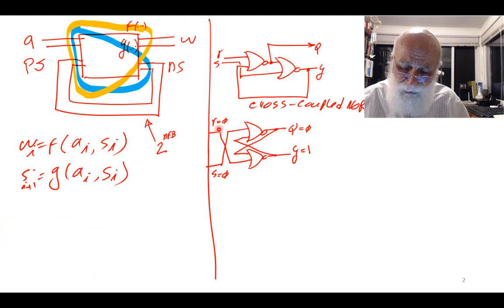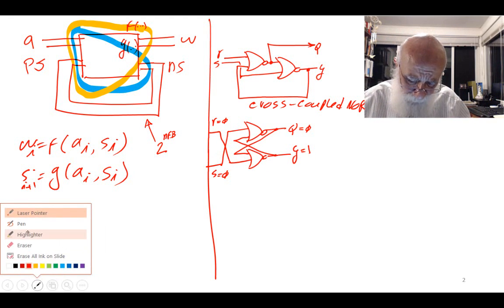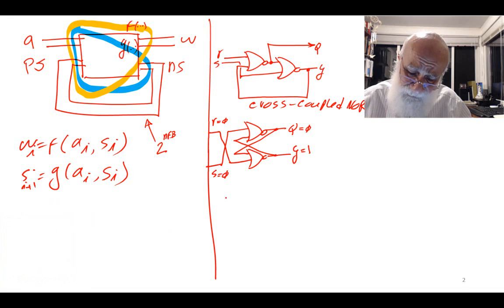A NOR with a 0 here, well, a 0 is a 1. So my circuit is sitting stable, very happy. So I started with R of 0, S 0, Y 1, and Q 0.